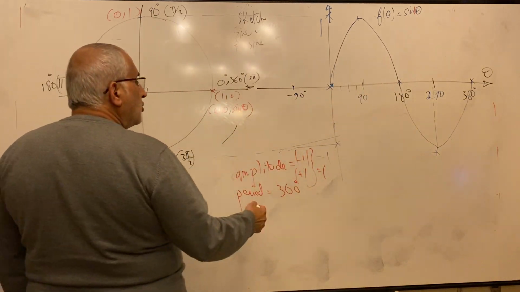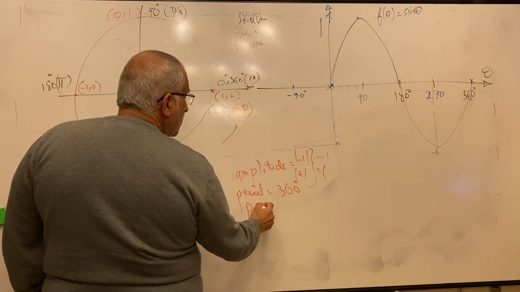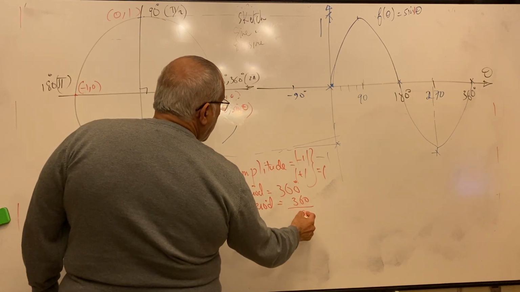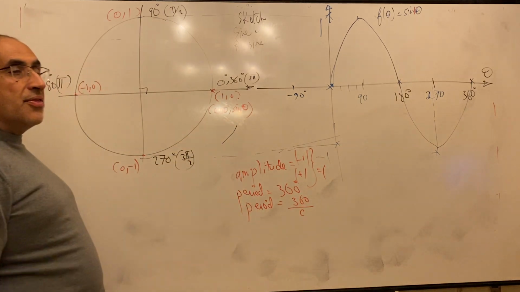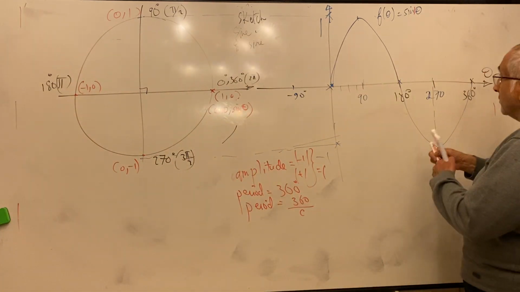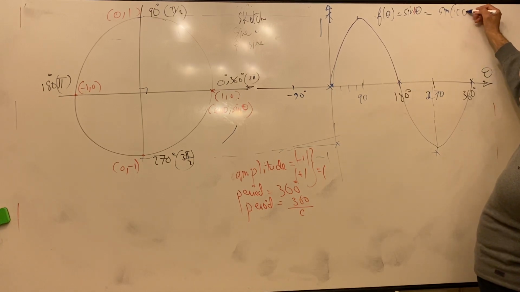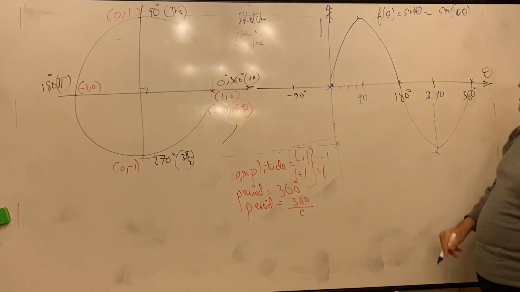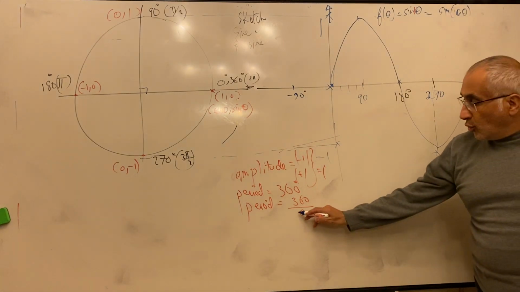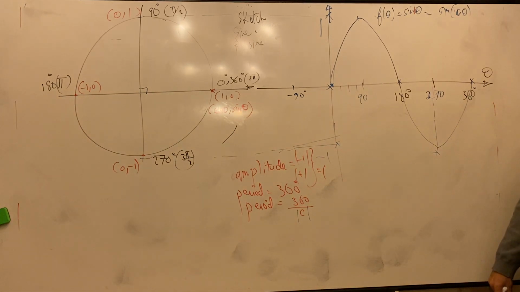So there's a general rule: if I'm looking for the period of any function, then take 360 and divide it by the number in front of the theta. So I can rewrite this as sine c theta, where c is a number. This is the one that finds the period for us. It can always be positive; it doesn't matter if it's negative, it has to be positive at the end.